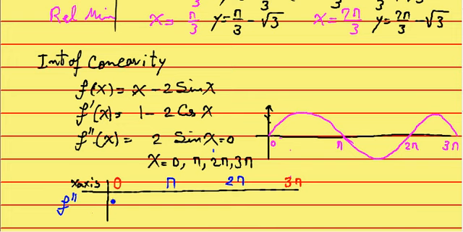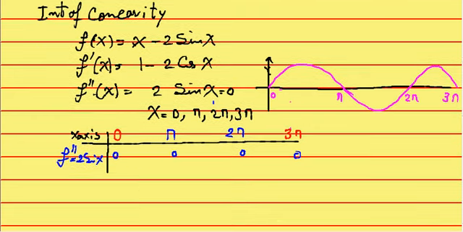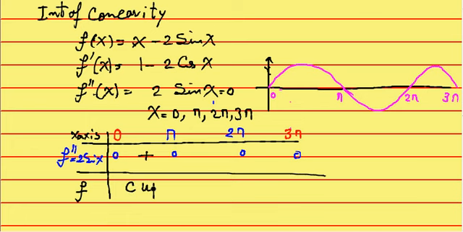It becomes 0 at all of these locations, this being 2 sine of x. And our verdict about the function f, well, from 0 to pi, second derivative is positive, so function is concave up. From pi to 2 pi, sine is negative, that makes the function to be concave down.